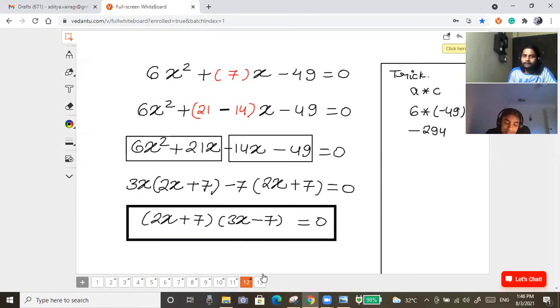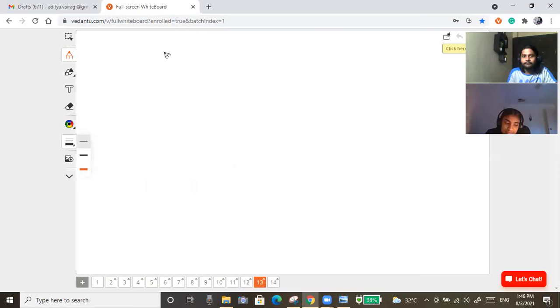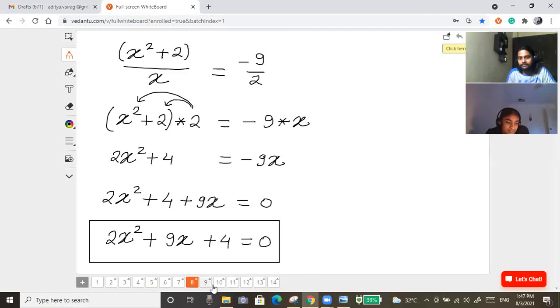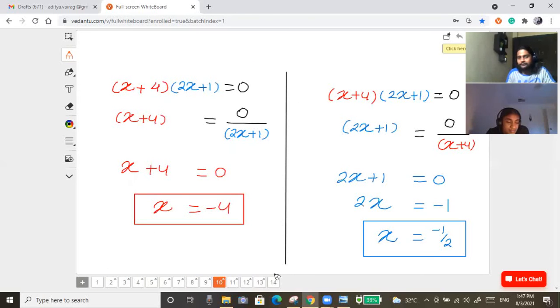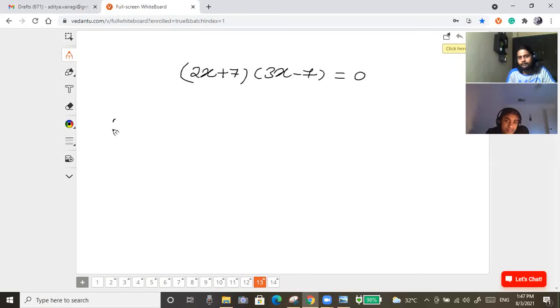Okay. Now, rather than writing it twice, the other way is, once you got this equation, suppose 2x plus 7, and the other term we have is 3x negative 7. Rather than writing it twice like we have been doing in the previous questions, you can simply equate it equal to 0. 2x plus 7 is equal to 0, and 3x negative 7 is equal to 0.